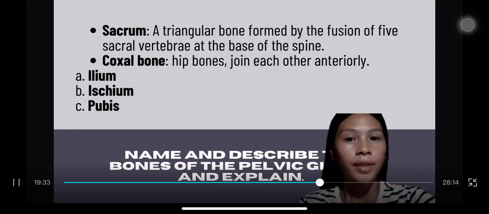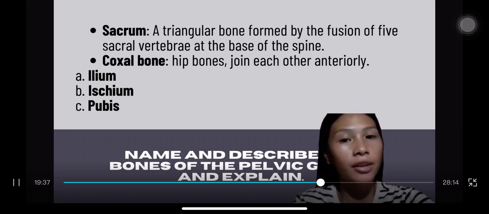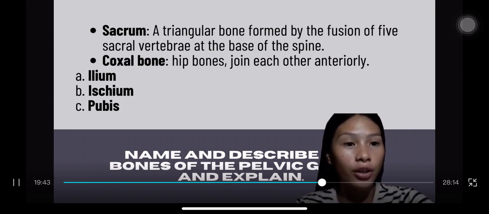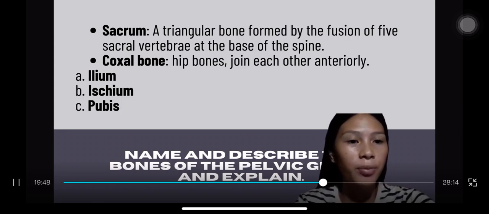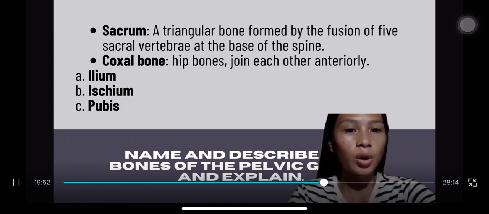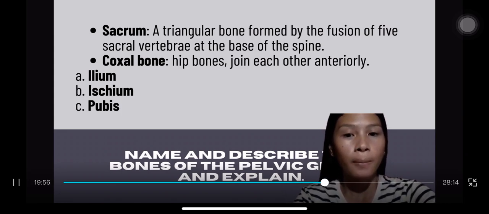Pelvic girdle. Sacrum, a triangular bone formed by the fusion of 5 sacral vertebrae at the base of the spine. Coxal bone, hip bones join each other anteriorly. Ilium, the largest and uppermost bone of the pelvis. Ischium, the lowest and posterior part of the pelvic bone.